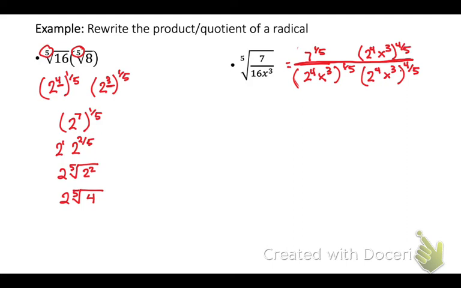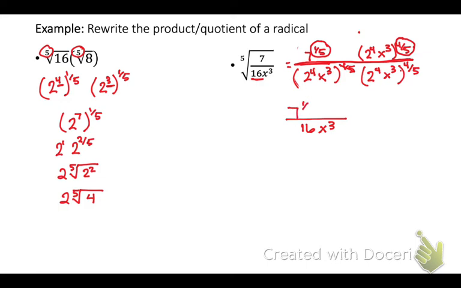So is my radical gone? Yes. So my denominator is 2 to the 4th, which we already know is 16, x to the 3rd. But my numerator, everything involved is to what power? 4/5. Oh, this is 4/5 and this is 1/5. So we're going to have a problem, right? So I got to do some work.